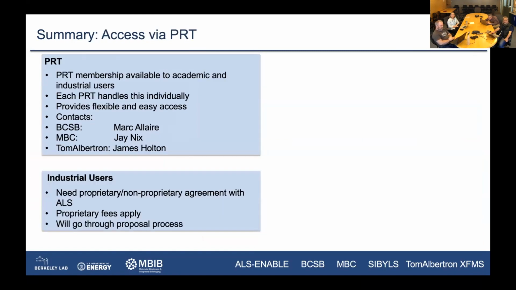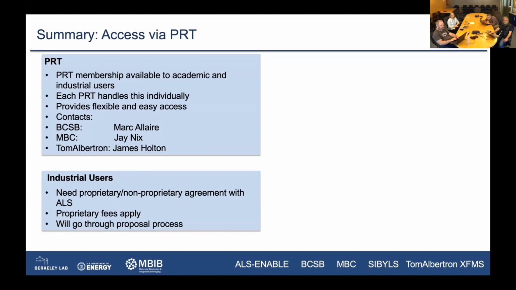Just another note, if anybody's interested in becoming PRTs, the thing about PRTs is, like I said, it gives you the most flexibility in getting beam time. Most of us call it on-demand beam time for our PRT members. I think the fastest I was able to get somebody up at 422, they contacted me and they had their crystals inside the beam within 7 minutes.